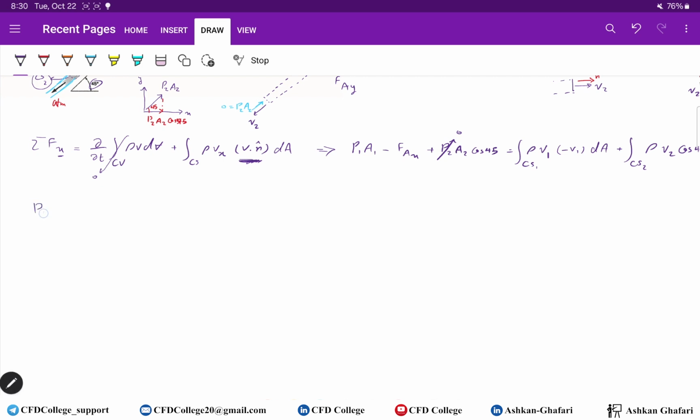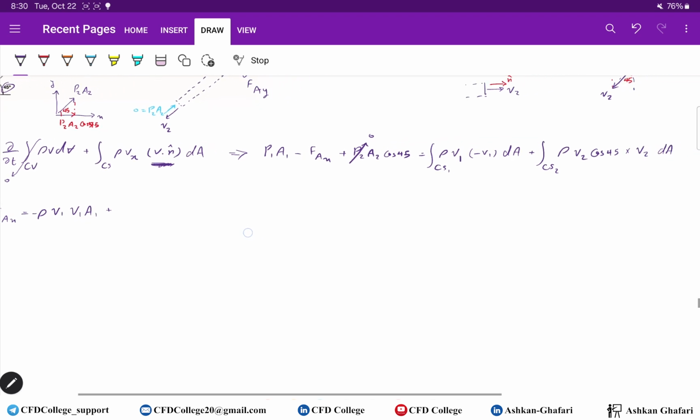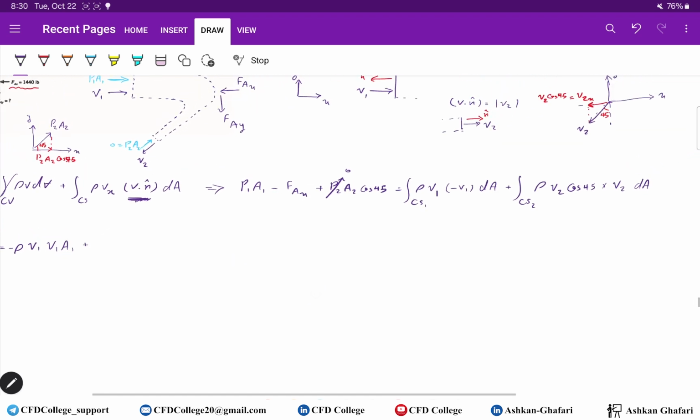Okay, now we can solve it. So P1A1 minus FAX equals minus rho V1 times V1A1 plus, here V2, it's negative because it's in the opposite direction compared to x, so here I should put this negative sign.